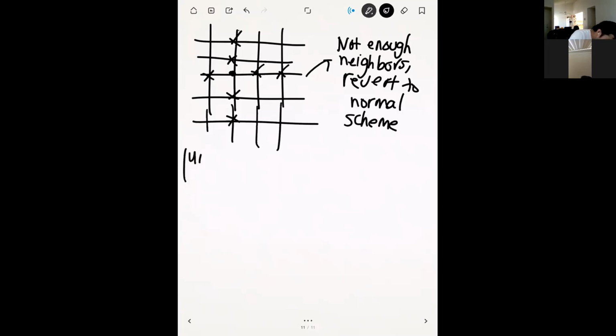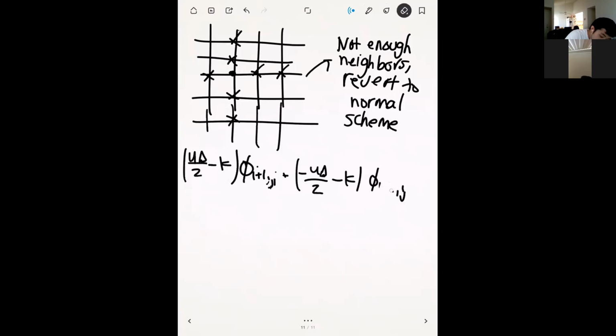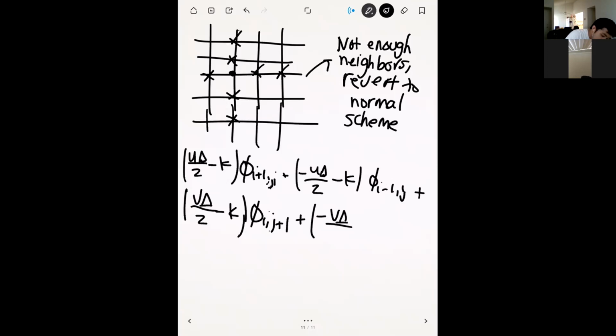So we have u delta over 2 minus k times phi I plus 1 comma j, plus minus u delta divided by 2 minus k phi I minus 1 comma j, plus v delta over 2 minus k phi I j plus 1, plus minus v delta divided by 2 minus k phi I j minus 1, plus 4k phi I comma j equal to 0.